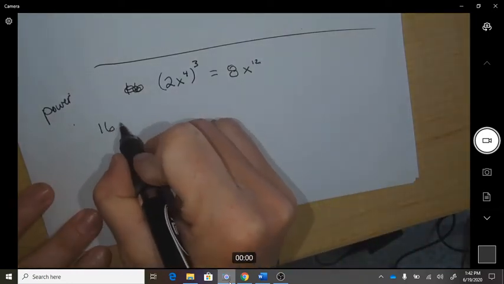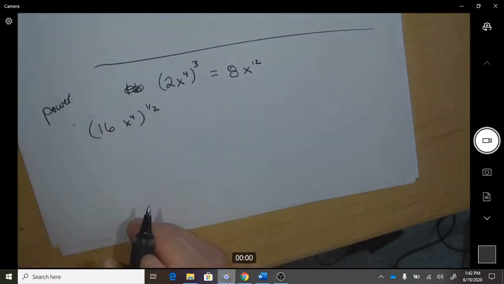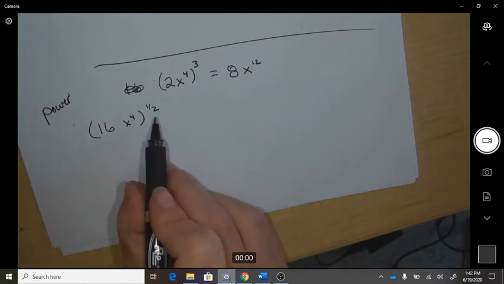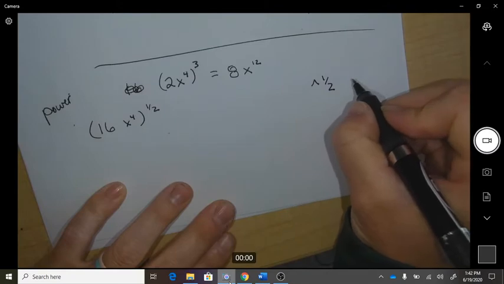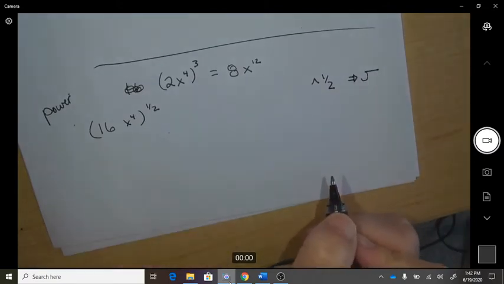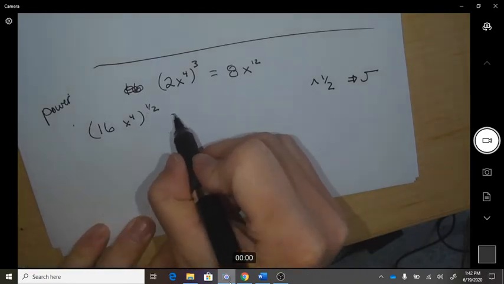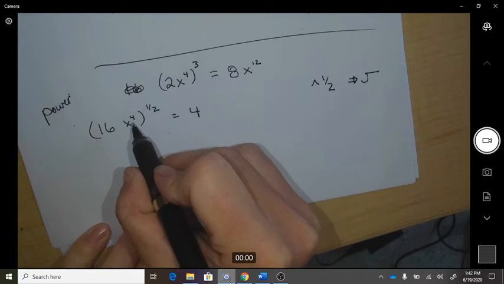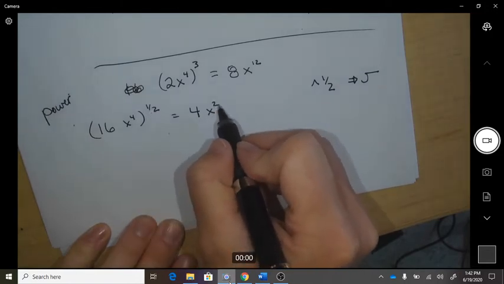Okay, so here's a fractional example. So an exponent of 1/2 is the same as taking the square root. So what is the square root of 16? 4. And then I times 4 times 1/2, which is 2.